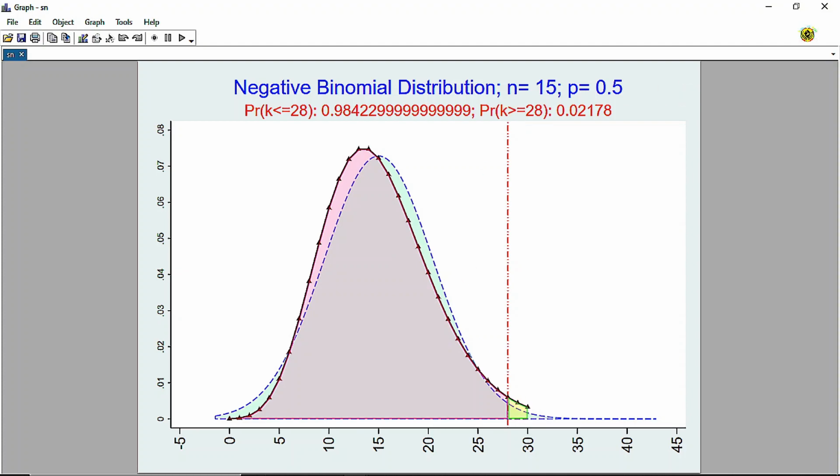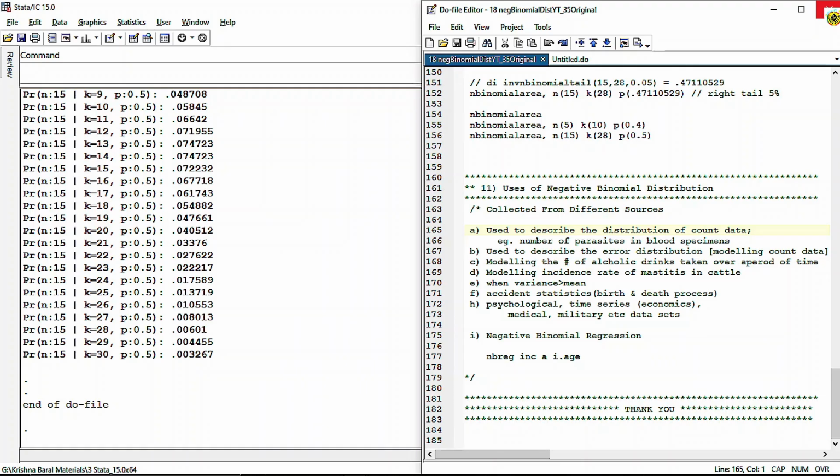So this is the basics of hypothesis testing. Now let us see some of the usage of the negative binomial distribution. It is used to describe the distribution of count data, as for example, to model the number of parasites in the blood specimen, and used to describe the error distribution, especially again in the count data, and modeling the number of alcoholic drinks taken over a period of time, and modeling incidence rate of mastitis in cattle.